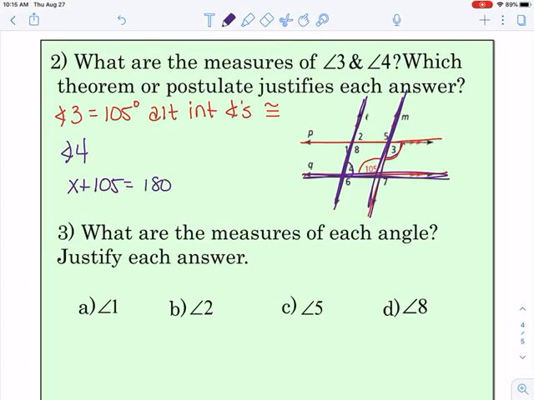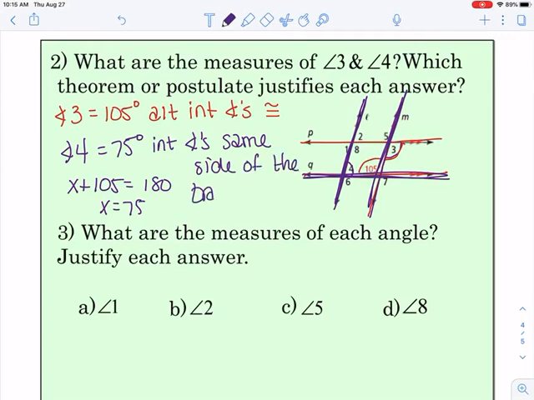What plus 105 would equal 180? It would be 75. So angle 4 is going to be 75 degrees, and that is because interior angles, same side of the transversal, are supplementary. They add to 180.